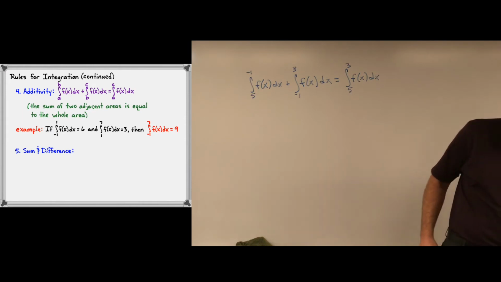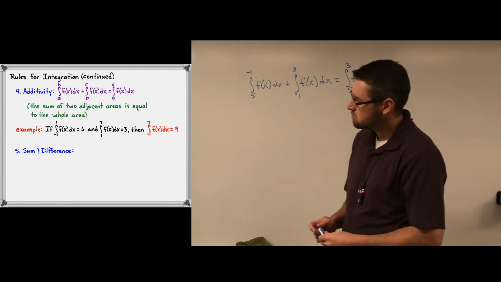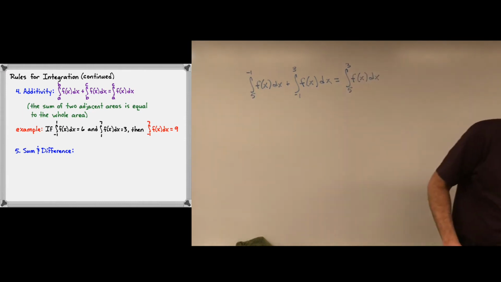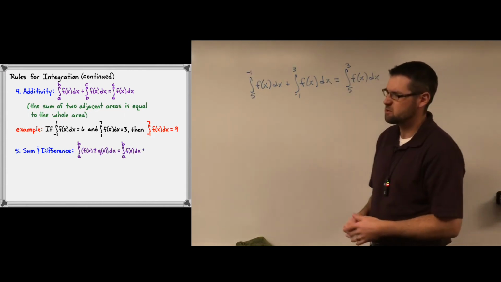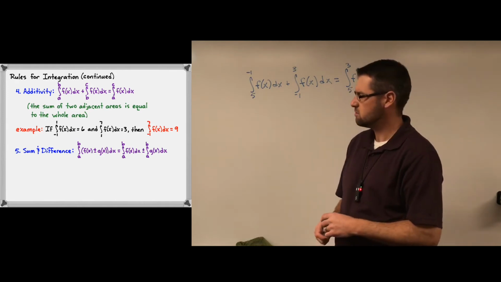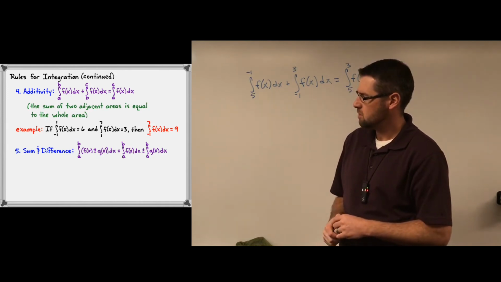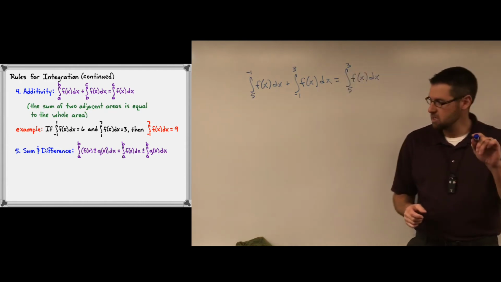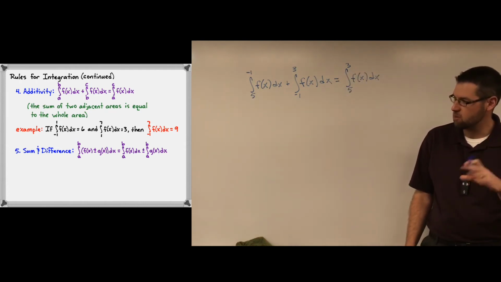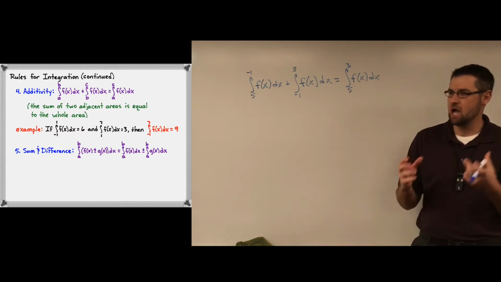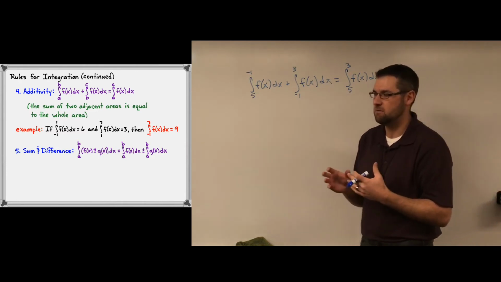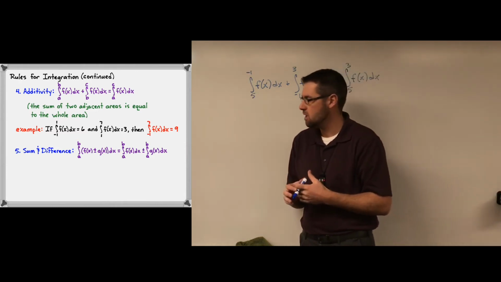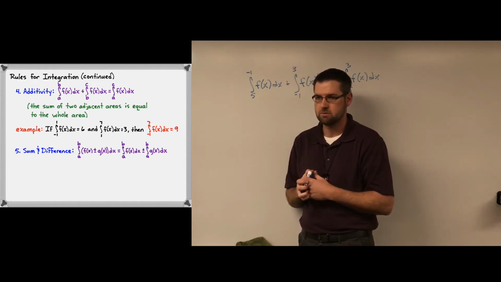The sum and difference rule. It is pretty intuitive. We'll get to the more difficult stuff later on. Don't worry. If you have the integral from a to b, the integral with a lower bound of a and the upper bound of b, whatever those are, of a sum of two functions or a difference of two functions, then you can break that apart.